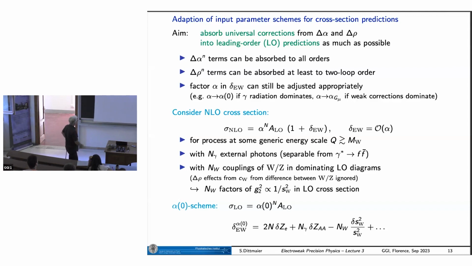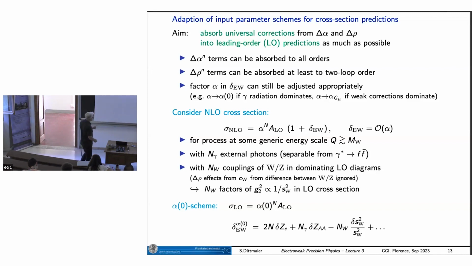So what I want to assume is that this is the cross-section of some generic process with an energy scale at least at the electroweak scale, maybe a bit higher, not a low energy process. What I also assume is that I have maybe N gamma external photons.